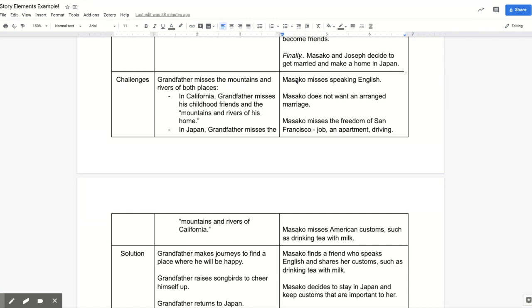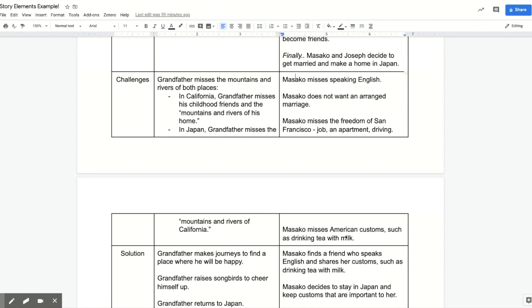But again, this is a story elements chart of the whole text. So I want you to be thinking about the whole book as one big whole. And what is the challenge that she faces during this time of her life? As she makes the transition from San Francisco to Japan, she's not just literally missing tea with milk, although she is, but the symbol, like we learned yesterday, is that tea with milk represents her American life, and she misses her American life, right?